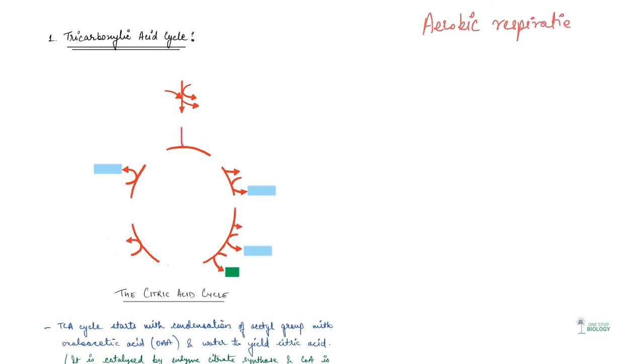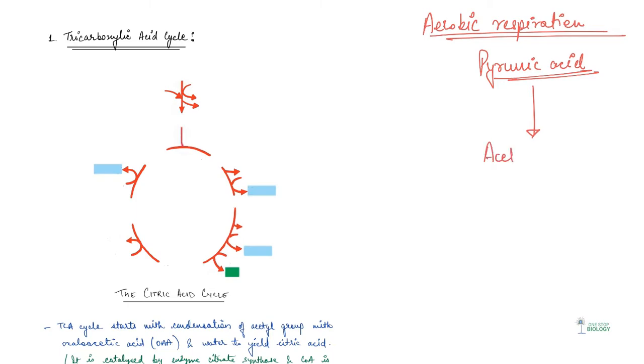And what we saw is that the pyruvic acid, which is prepared during glycolysis, is converted to acetyl coenzyme A, right? And carbon dioxide is released, and then we have some energy which is produced.